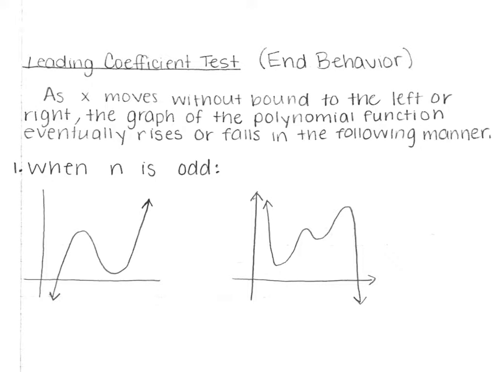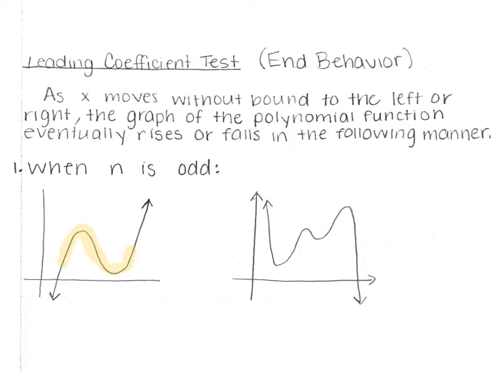So the first thing we need to look at is when n is odd, and remember n is our exponent. Okay, so that's our degree of our function. So what's going on here is that we have this section in the middle.